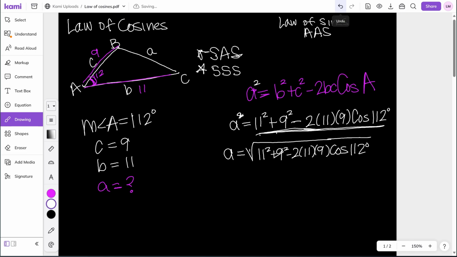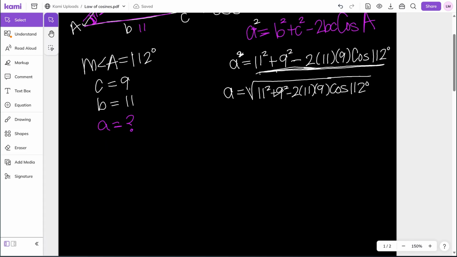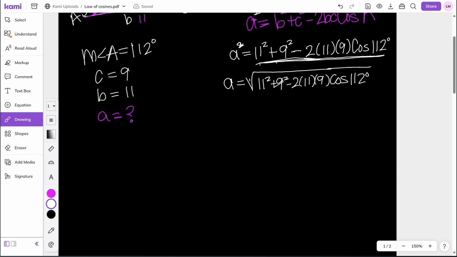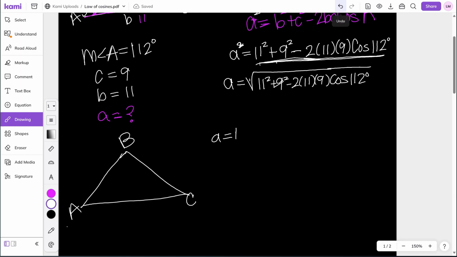So what does law of cosines look like when I have three sides and I'm looking for an angle? So let's say they give us A is 14, B is 12, and C is 5.8.